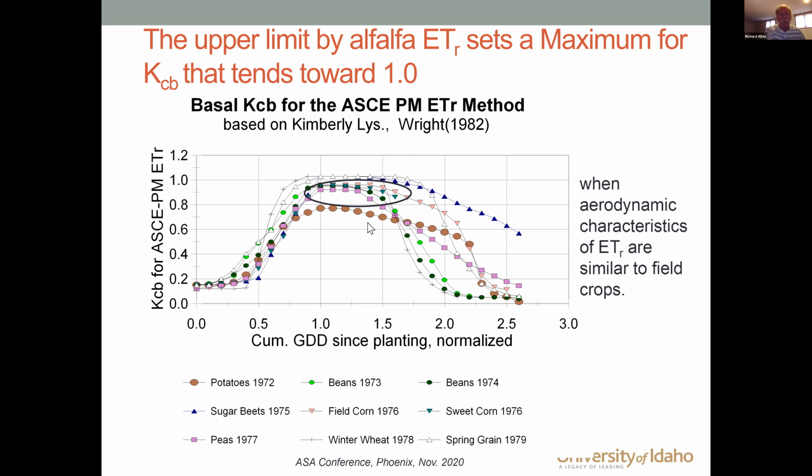The only crop that had a KC less than 1 was potatoes, just because there was more stomatal control with the russet potatoes that Jim Wright grew as compared to the alfalfa reference.